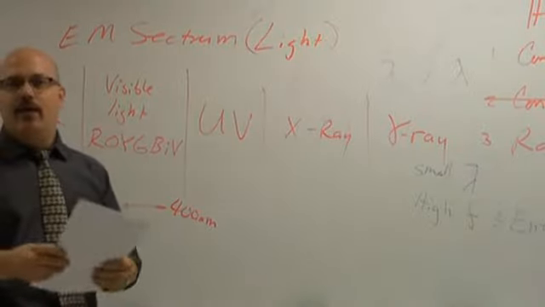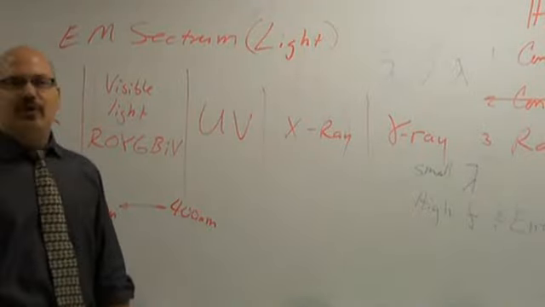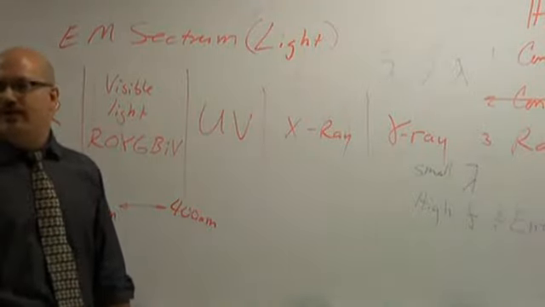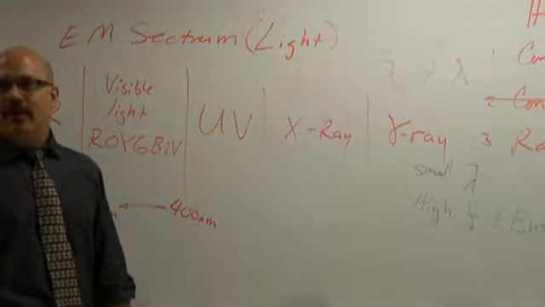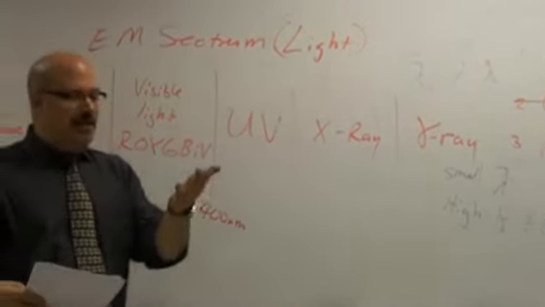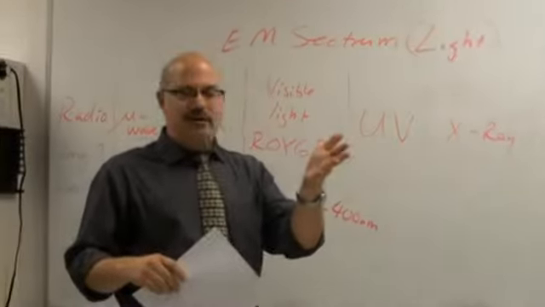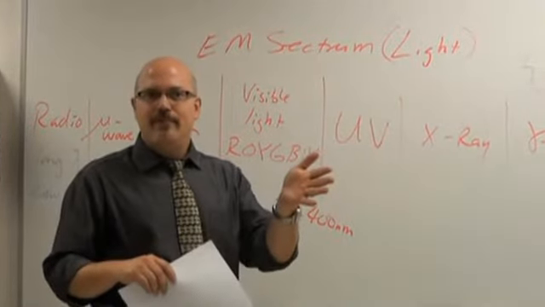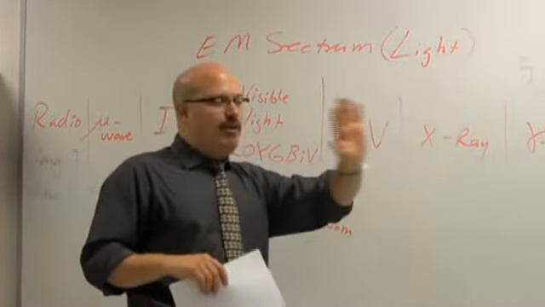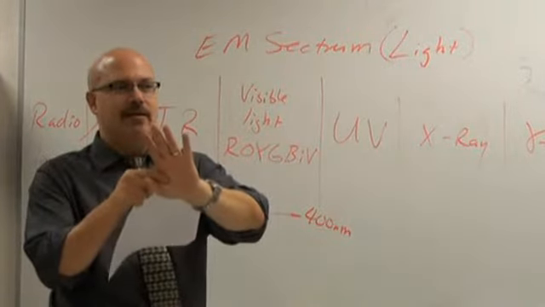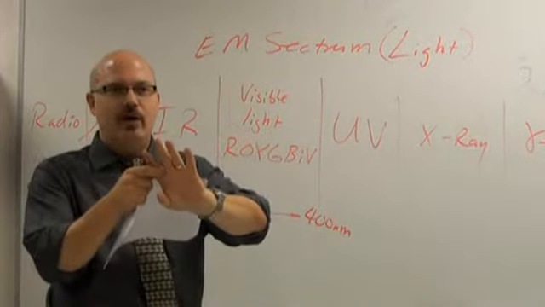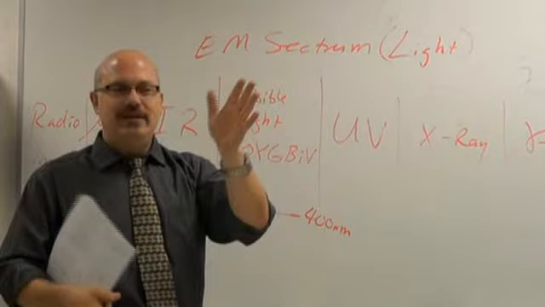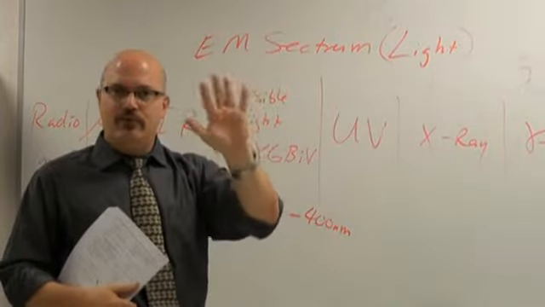Hey, by the way, back when X-rays were discovered, one of the cool things was that you could immediately take a picture of somebody's bones. X-rays have enough energy to penetrate your soft skin, but not through your bones very well. So what you're seeing is a shadow picture of your bones.